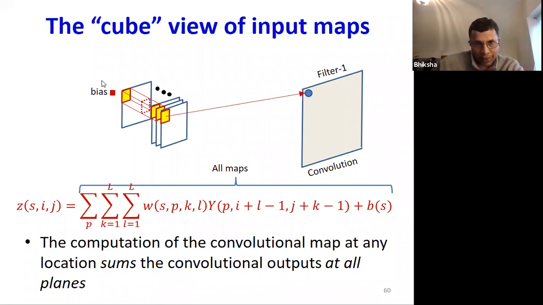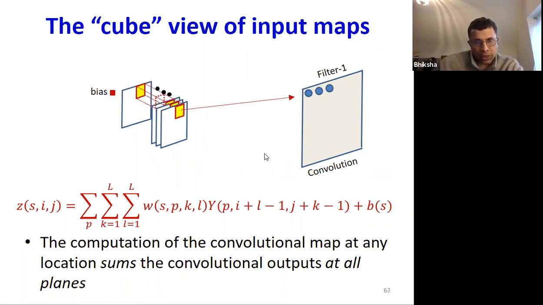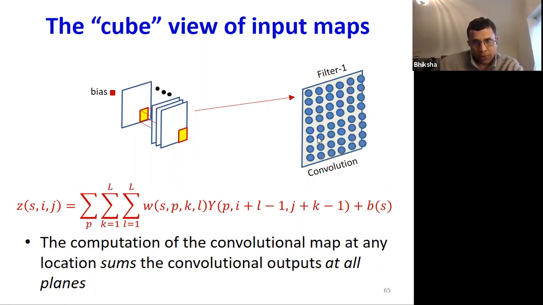And this entire operation is going to give you this particular value, just this one value over here. And so now I can repeat that computation and scan the collection of input maps to compute the entire affine map over here.